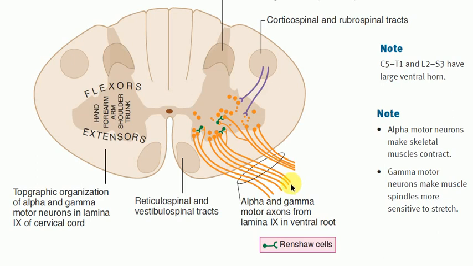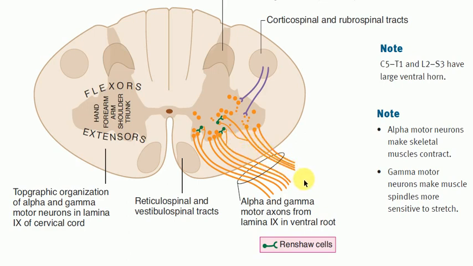So there are two types of neurons present in the ventral horn. They are present in lamina 9 of the Rexed laminae classification, lamina 9 of the ventral horn, and the cell bodies of these neurons are present in lamina 9, and their axons exit the ventral roots and supply their target organs.